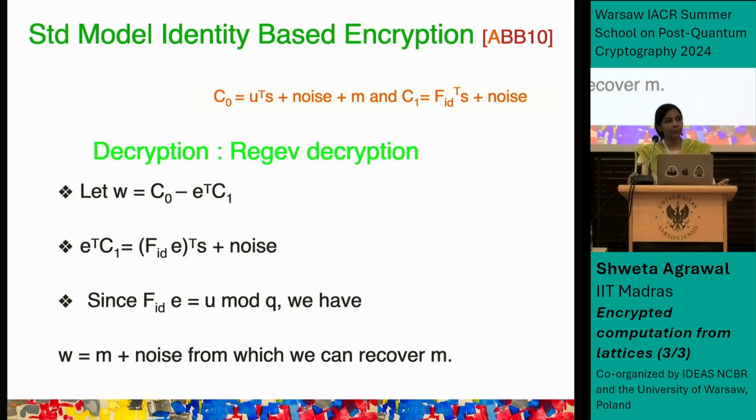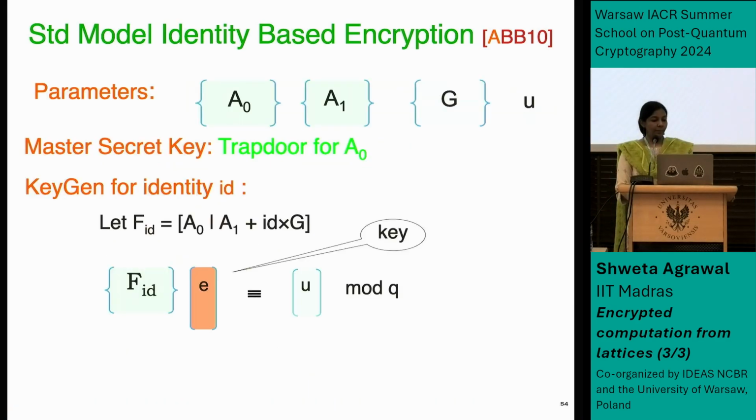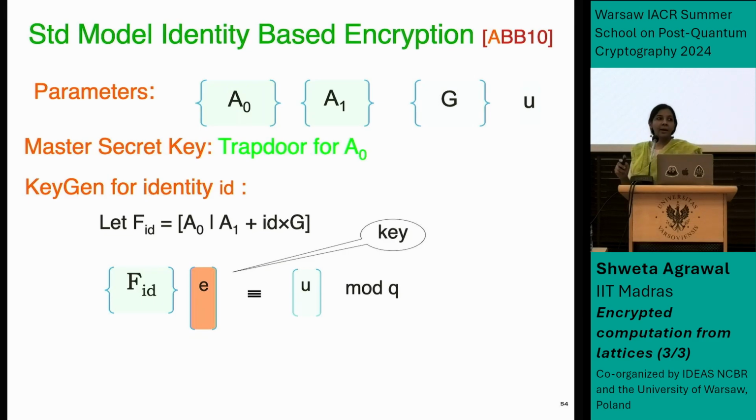Yeah? So if you split E into E1 and E2, would you only be able to find E1, because you only have a trapdoor for A0? No, so there's no board here, but no. Thanks for asking this, because it's really important. For a moment, let me call A1 plus IDG, A1 prime.